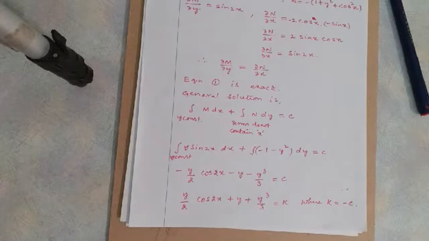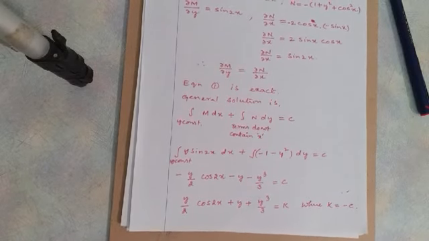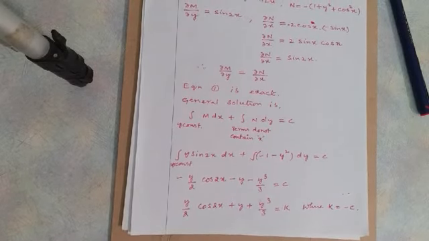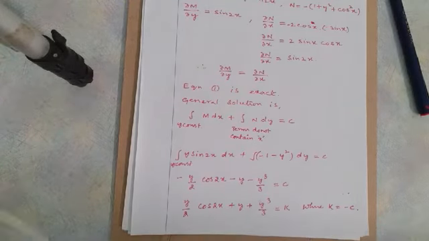Hope you have understood. Take some time so that we can go for the next problem. Please reply to me in the comment box if you have completed. Shall we go for next?